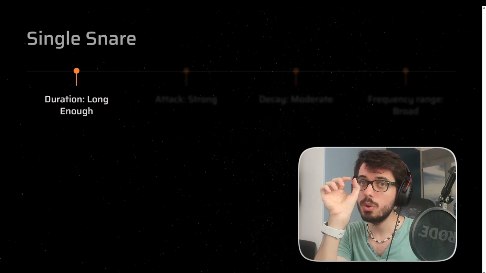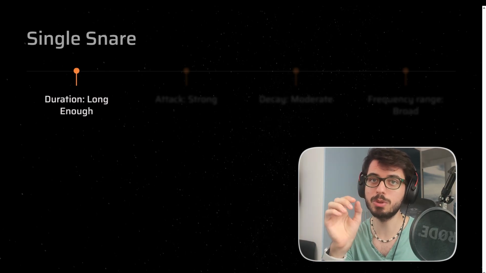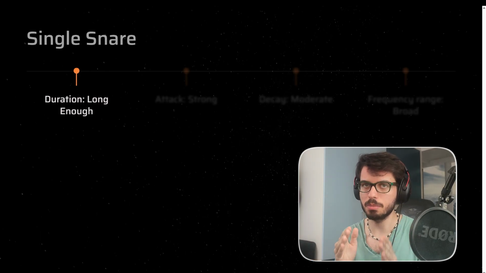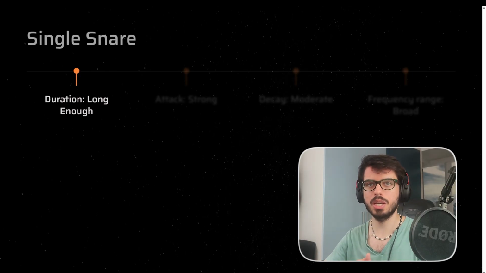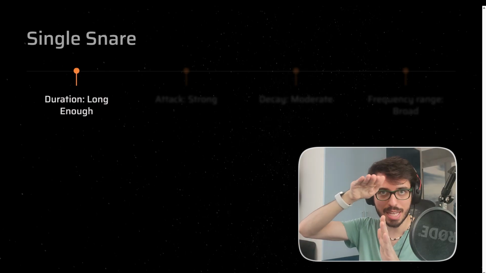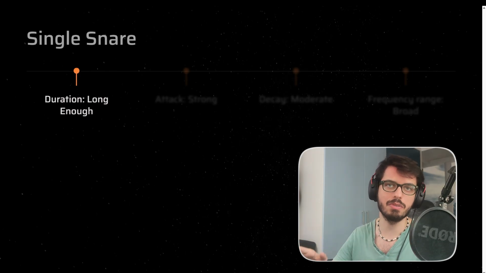We shouldn't choose them unless we use reverb to extend them. We want a duration that is long enough to be present in the mix. We don't want anything too dry, and we don't want anything too long either. We want something that is tight enough. If a sample is too long, we can just cut it and fade the last part a little bit. So the duration is average.